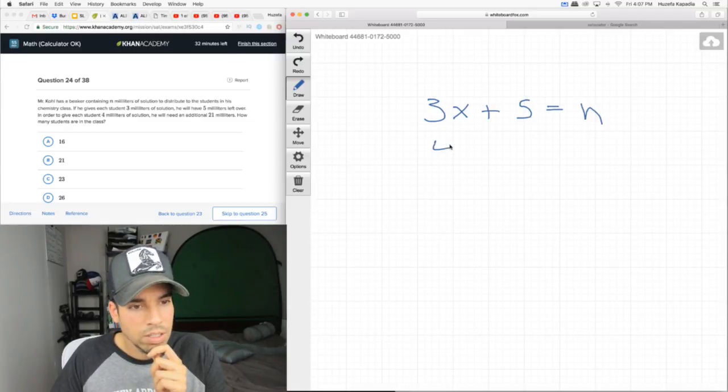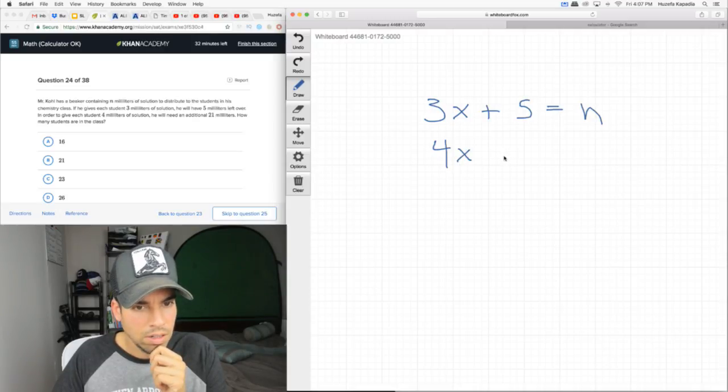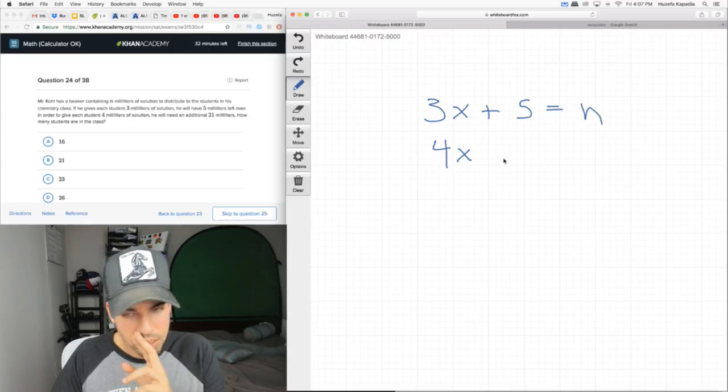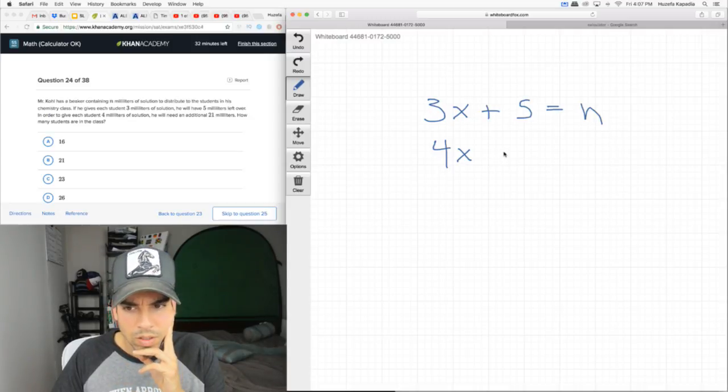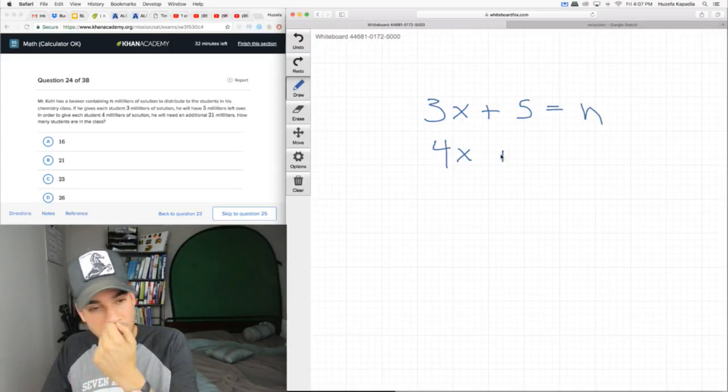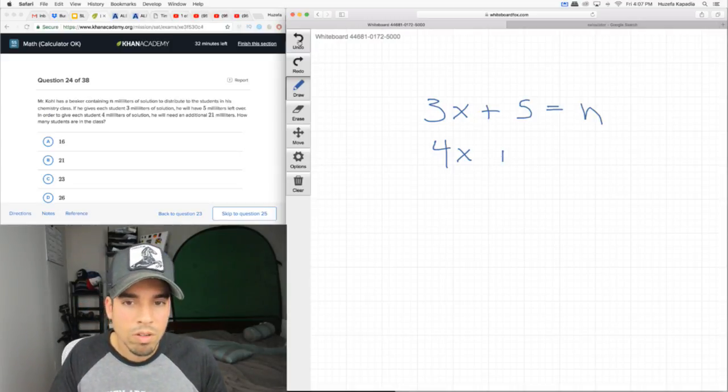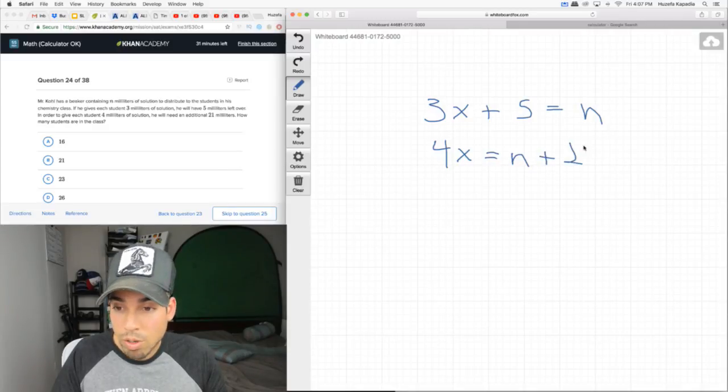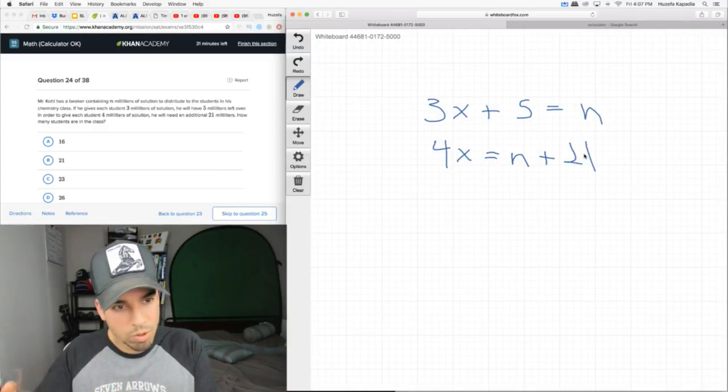If each student has 4 milliliters times x, hold on, 4x equals n plus 21, and then he needs 21 more. Boom. All right, system of equations done.